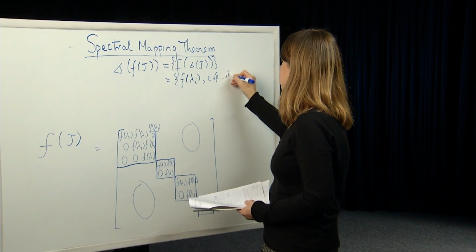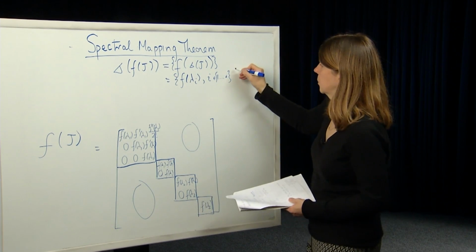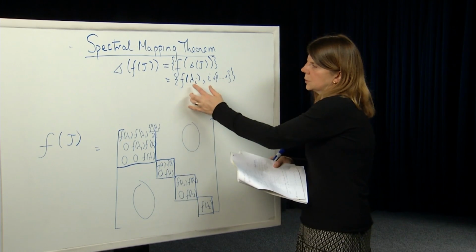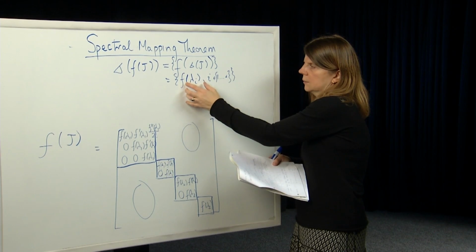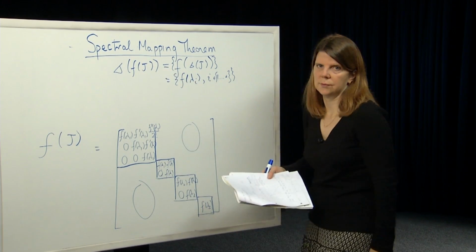Basically, you take all of the eigenvalues of J and you evaluate f at those eigenvalues, and that gives you the eigenvalues of f of J.